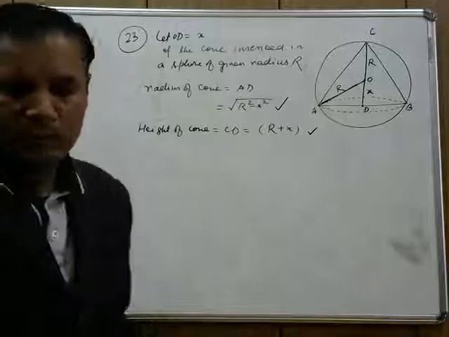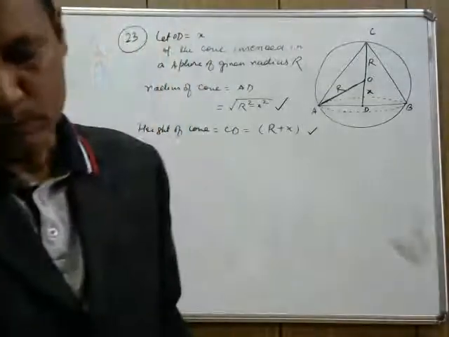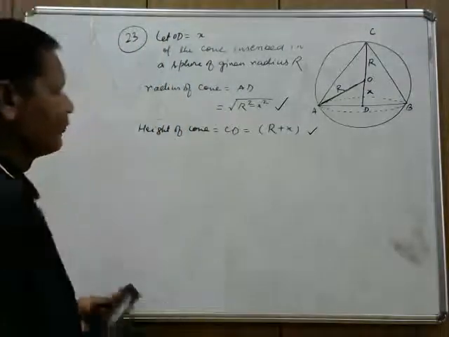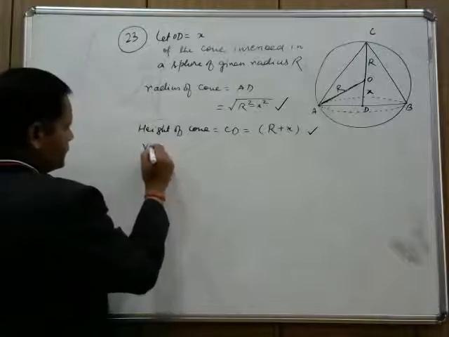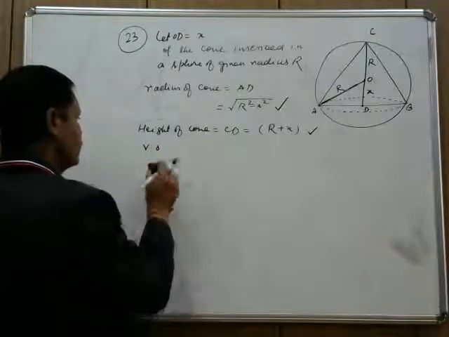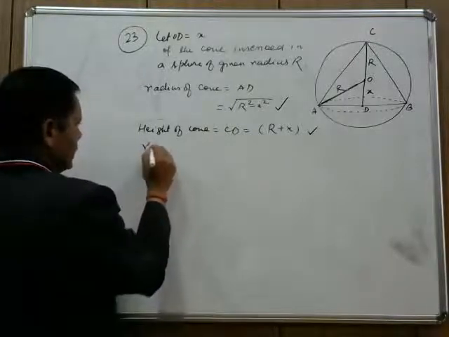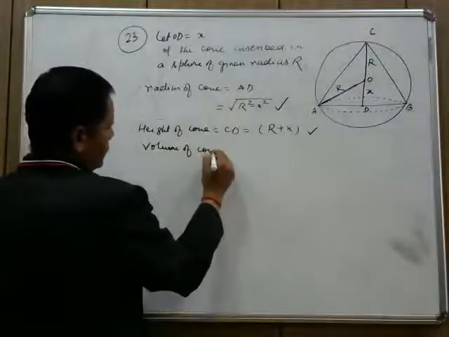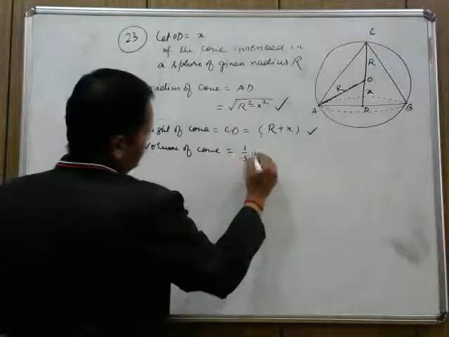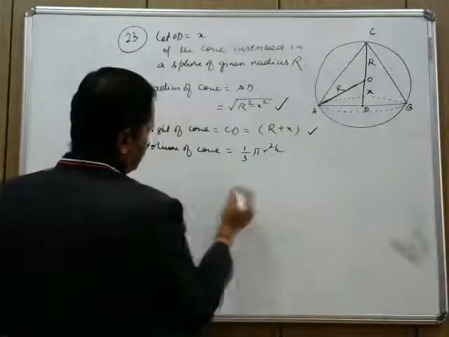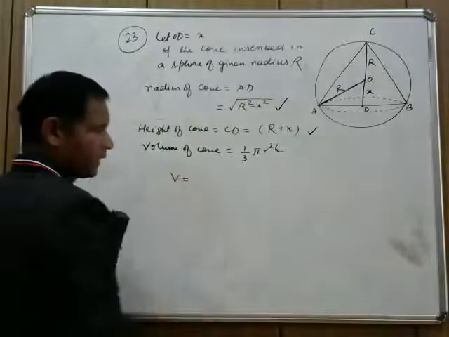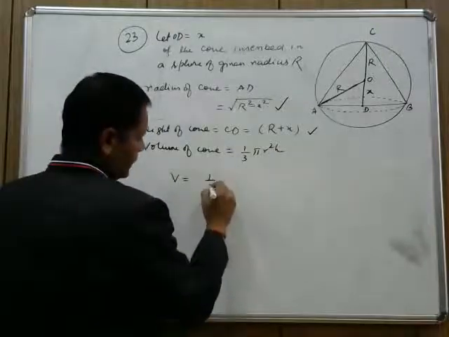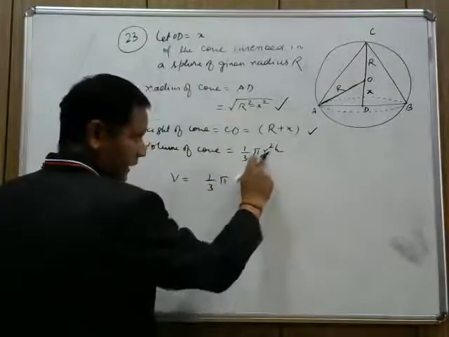Now on which quantity do we have to make the function? The volume. And the formula we know for the volume of a cone is 1 by 3 pi r square h. Here for volume I will take V, 1 by 3 pi radius.